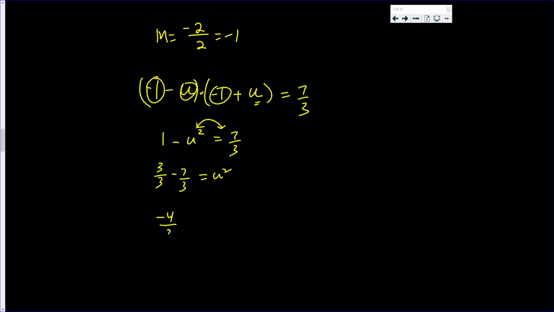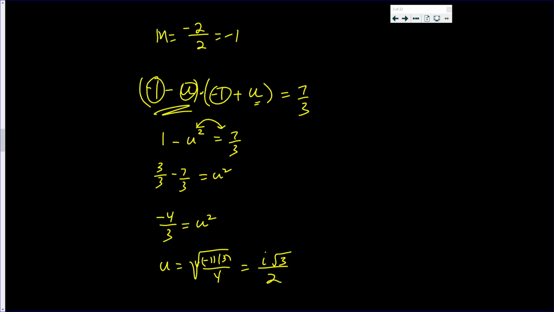That is negative 4 over 3 equals u squared. So u is the square root of negative 1 times the square root of 3 divided by the square root of 4. That's i, that's the square root of 3, and the square root of 4 is 2.